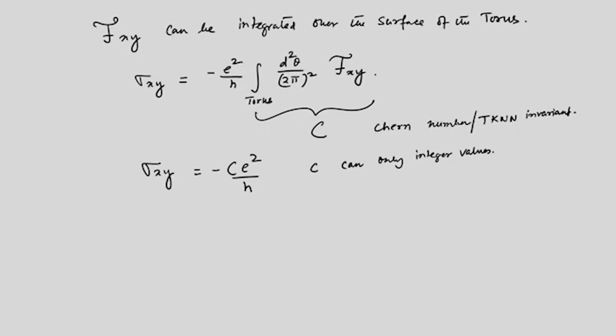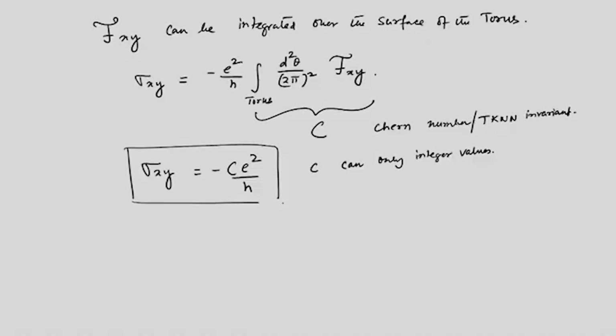The proof has been provided by experiment. Experiment says that the Hall conductivity is quantized in terms of e squared over h, and this Chern number can take values 1, 2, 3, 4 and so on, and this is called a Z invariant. It can take any integer value, and that is the reason that it is so robust.